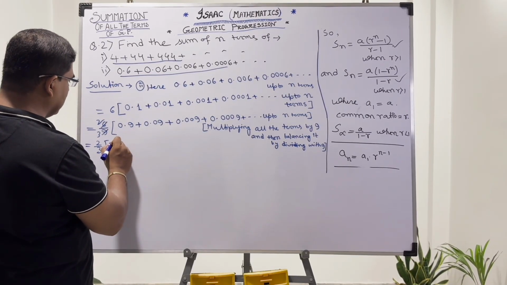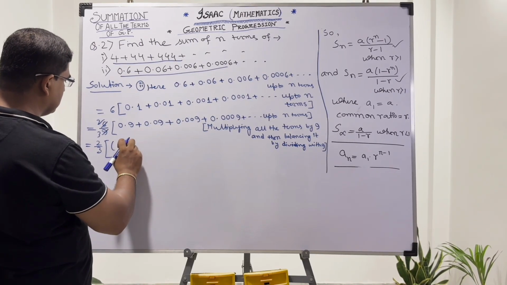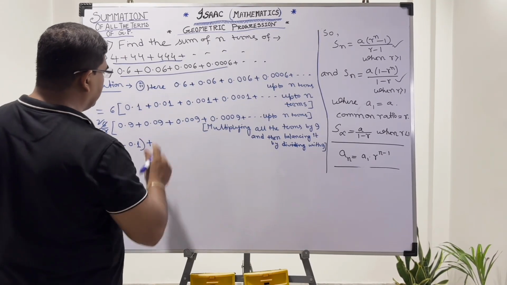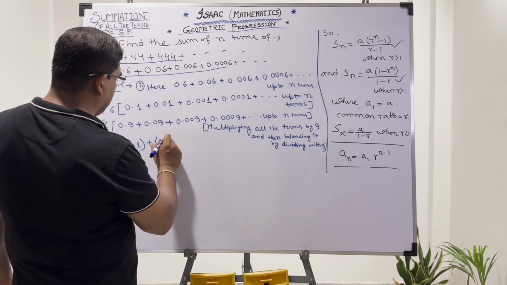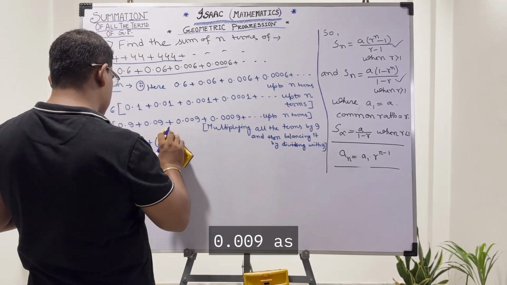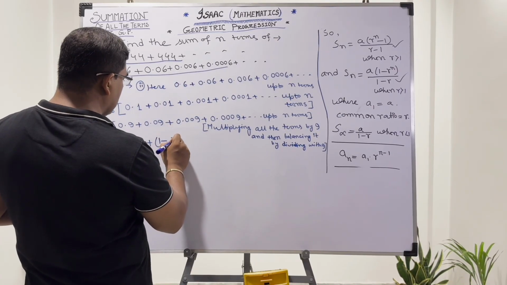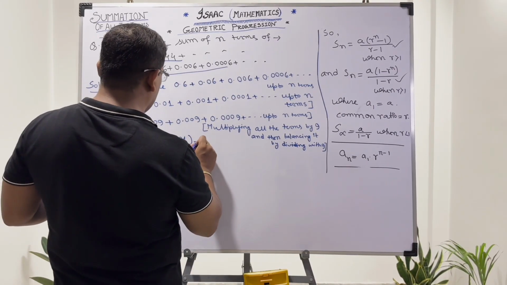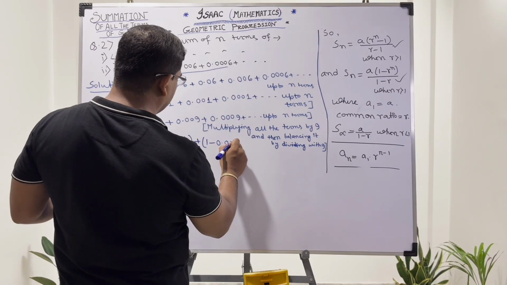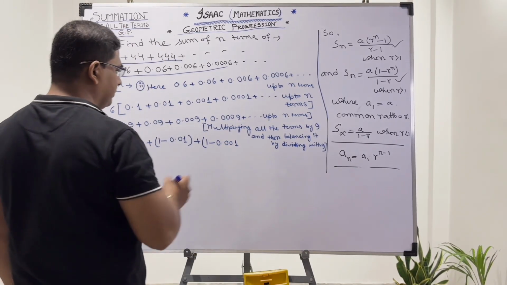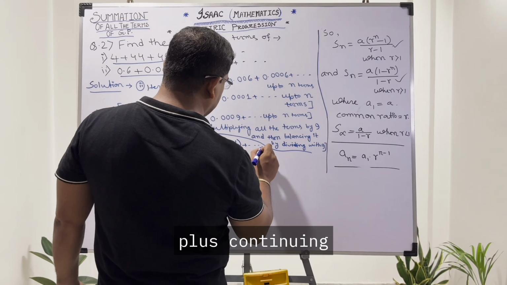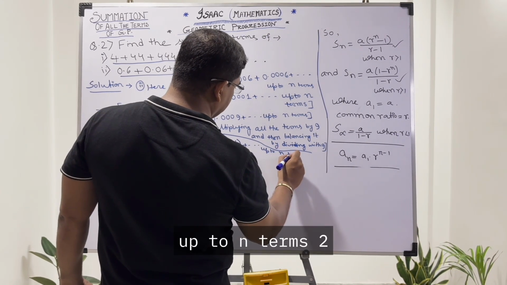We can write 0.9 as 1 minus 0.1, 0.09 as 1 minus 0.01, and 0.009 as 1 minus 0.001, plus continuing up to n terms.